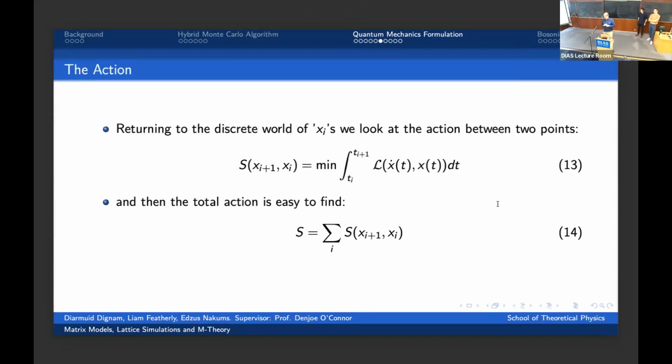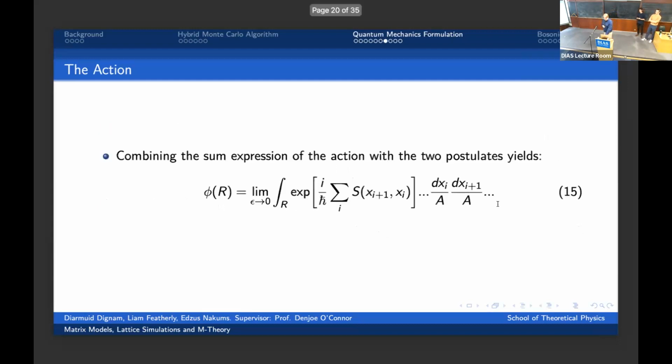So we define the action, back in the discrete world, by taking the classical action between the xi's, and then we take the total action by summing that all up, right? When we combine that, we get this expression, which gives that complex number that represents the probability that we're in R, generalized to this form.